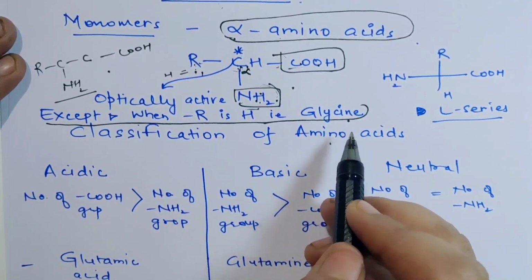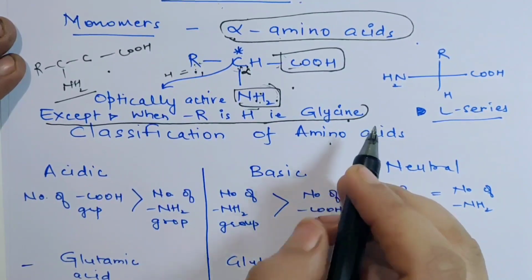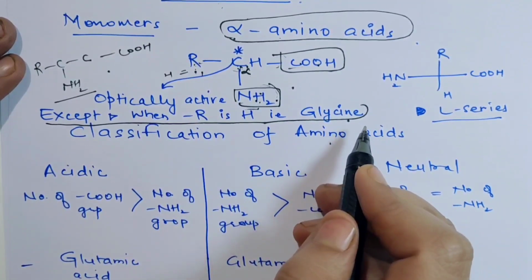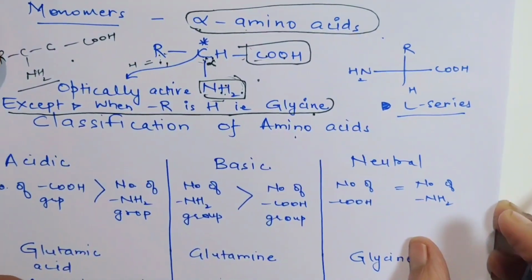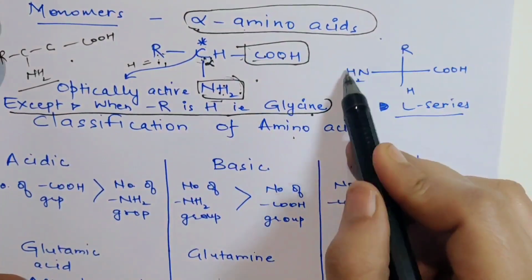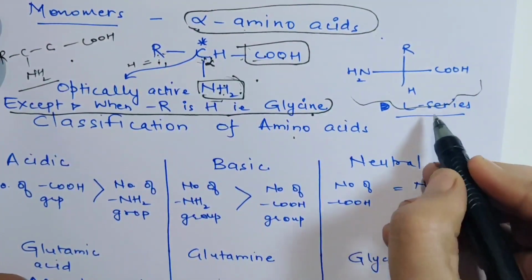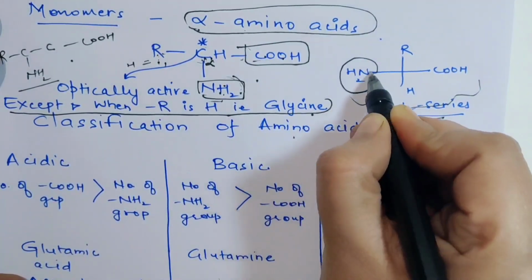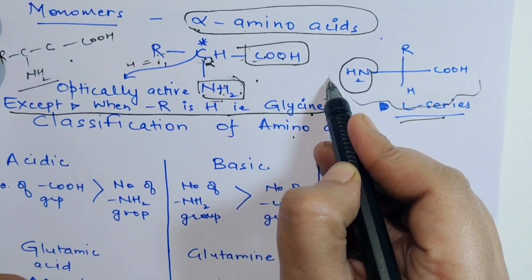Every other naturally existing alpha amino acid is optically active. These naturally occurring amino acids belong to the L series. That means the NH2 group here is on the left side.